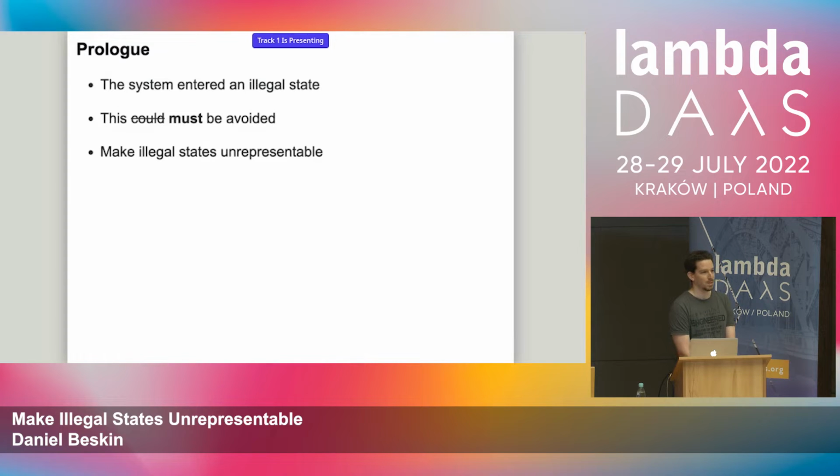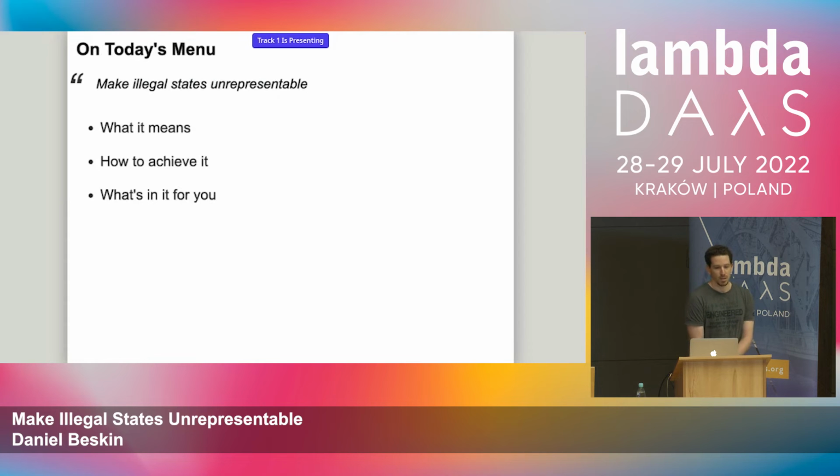But this is what we're here to talk about: how to make these illegal states unrepresentable, how to make it impossible to create software that enters those illegal states. Today we're going to discuss this quote and what it actually means. We'll break it down into smaller parts.